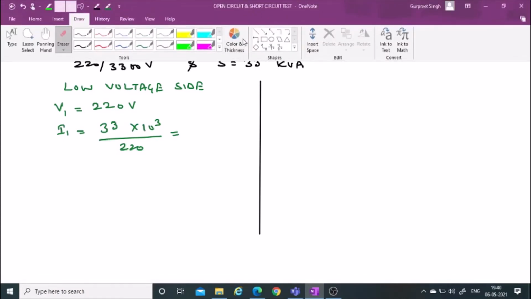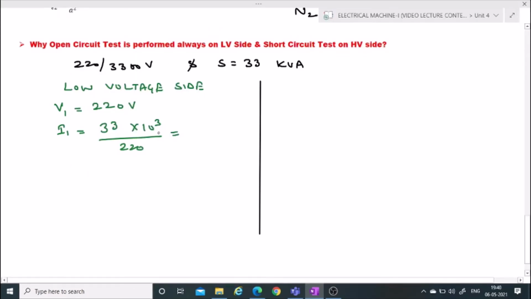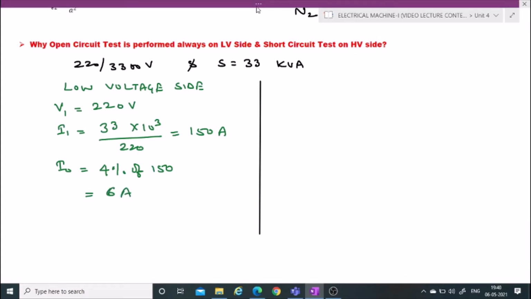So 33 into 10 to the power 3 divided by 220. So this comes out to be around 150 ampere. Okay. Or if we calculate the no load current for this, assuming 4% of 150, that will be around 6 ampere. Okay.